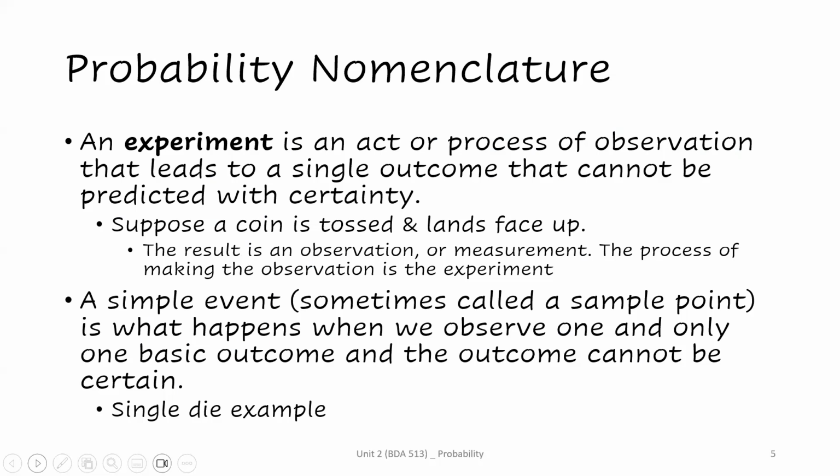So anything that involves probability, the process of making observation of a particular event happening is what we term as an experiment. A simple event is what happens when we observe one and only one basic outcome, and the outcome cannot be certain.